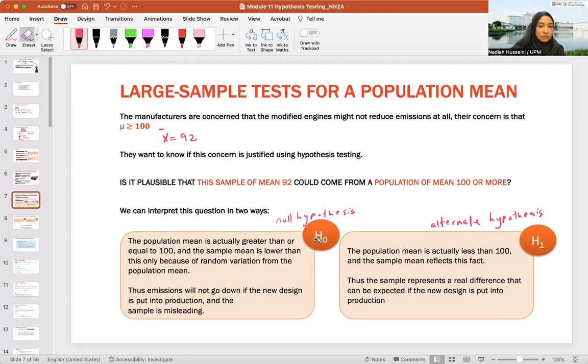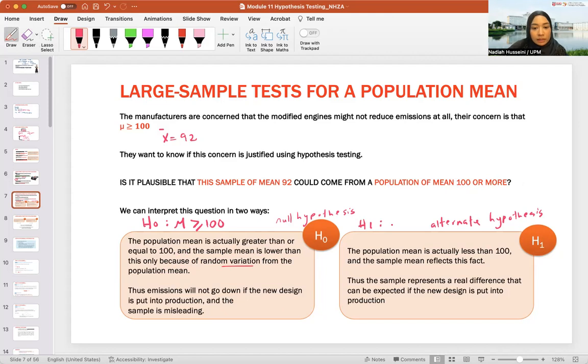So the null hypothesis for this would be that the population mean, I'm going to write this in math because it's going to be easier to look at, is greater than or equal to 100. So this is going to be our null hypothesis, and the sample mean is lower than this because of random variation or anomaly from the population mean, whereas our alternate hypothesis is actually less than 100.